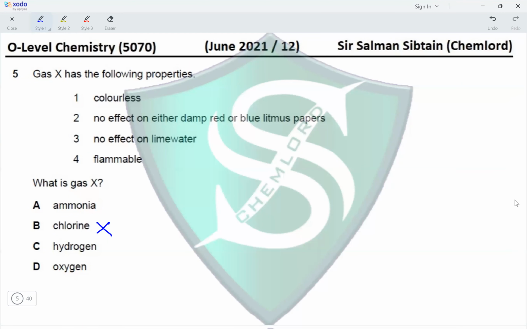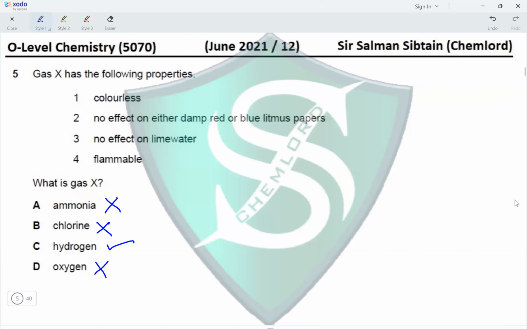So out of the remaining options, we have ammonia, and ammonia turns damp red litmus blue because it is basic in nature. So ammonia has been eliminated. It has no effect on lime water, so it cannot be carbon dioxide gas, but carbon dioxide is not one of the options given. Now the fourth one, it is flammable. Now between hydrogen and oxygen, hydrogen is a flammable gas and oxygen is not a flammable gas.